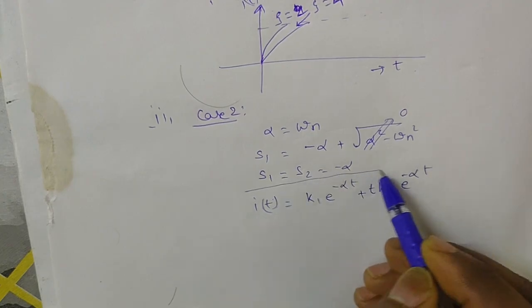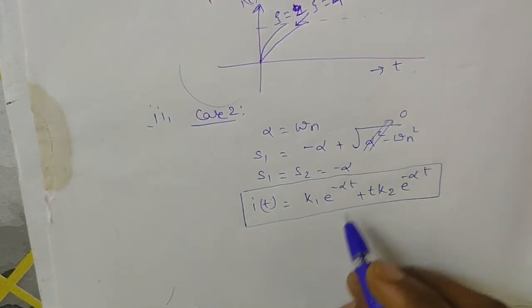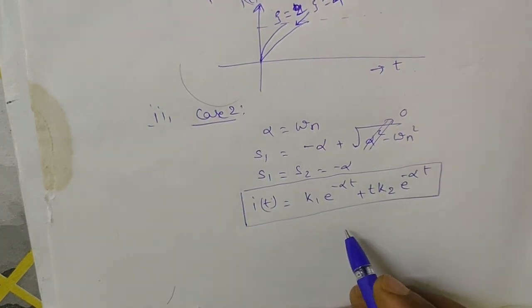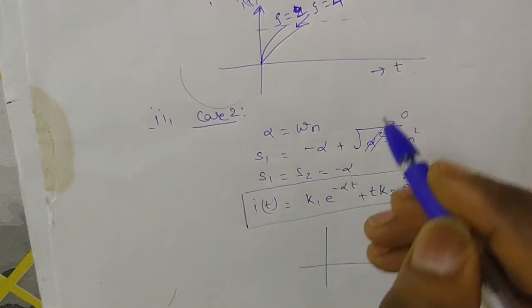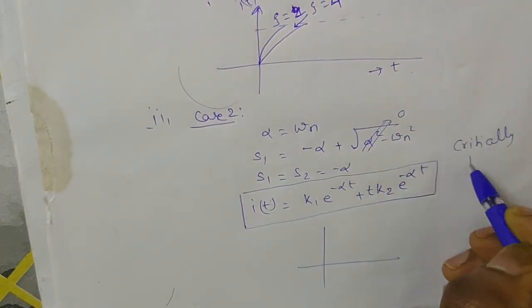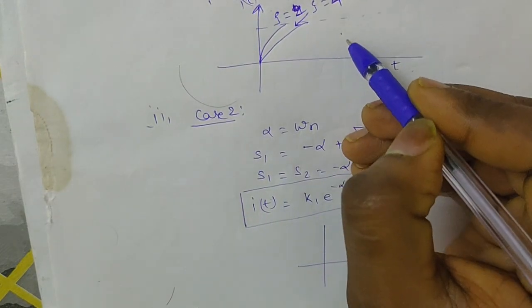Based on that we added it here. So for this the response will be critically damped. The previous response is over damped.